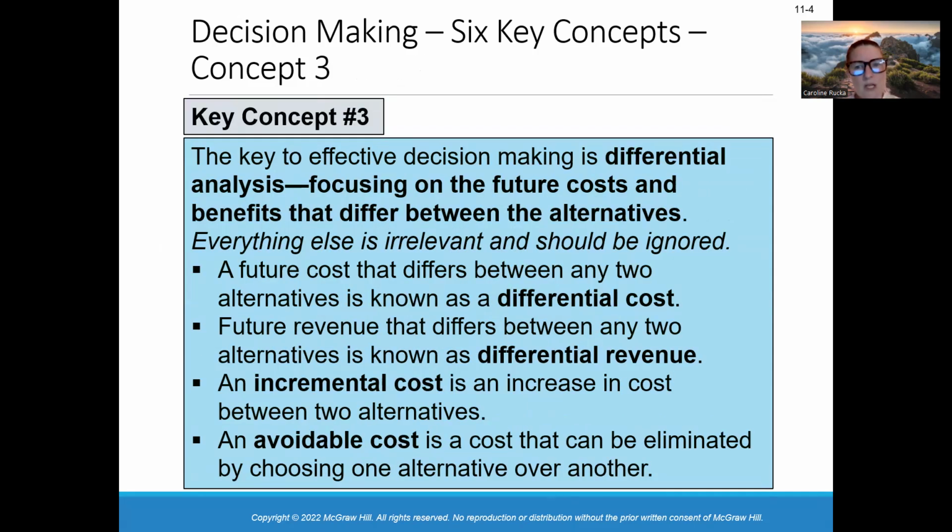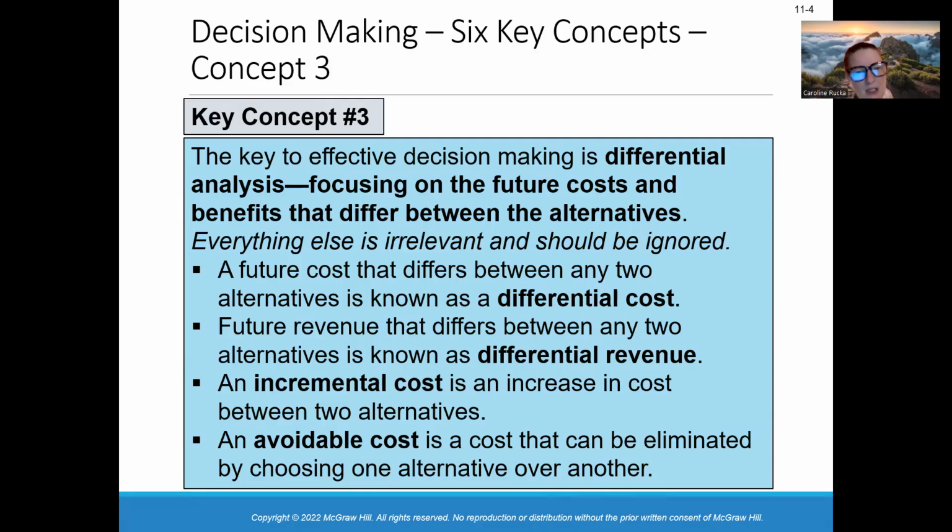We need to focus on that differential analysis that we learned last week: our future costs and benefits that are different between our two alternatives. Anything else that's the same between the two, those are irrelevant.